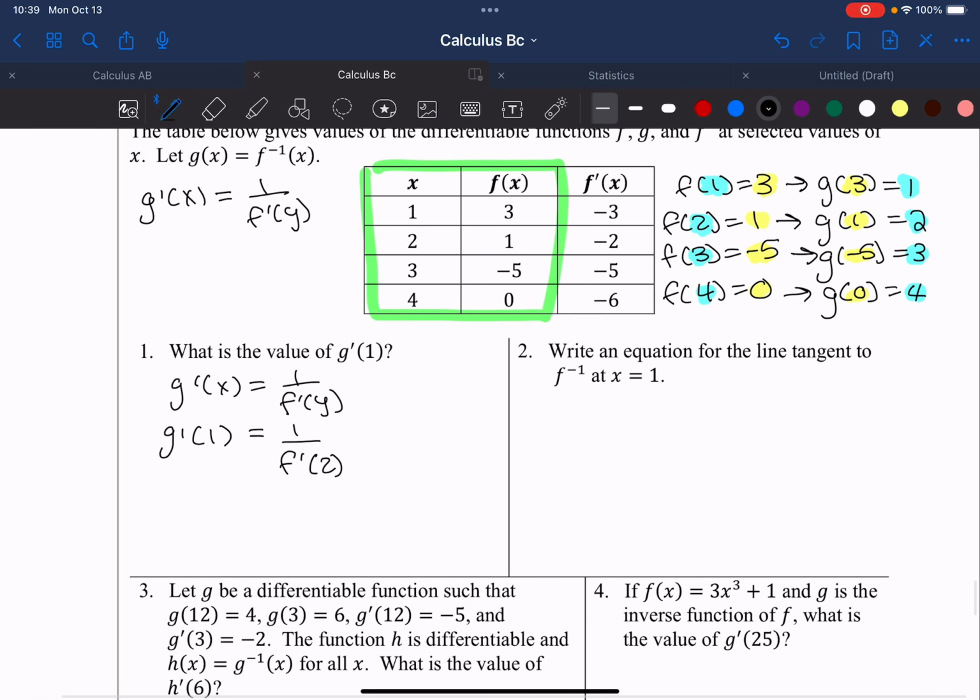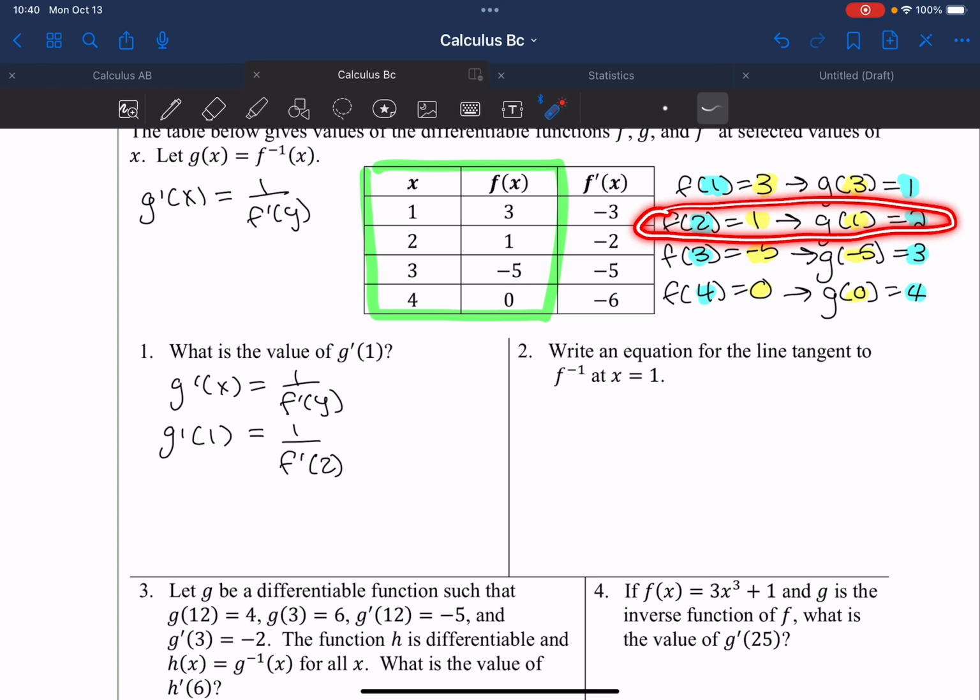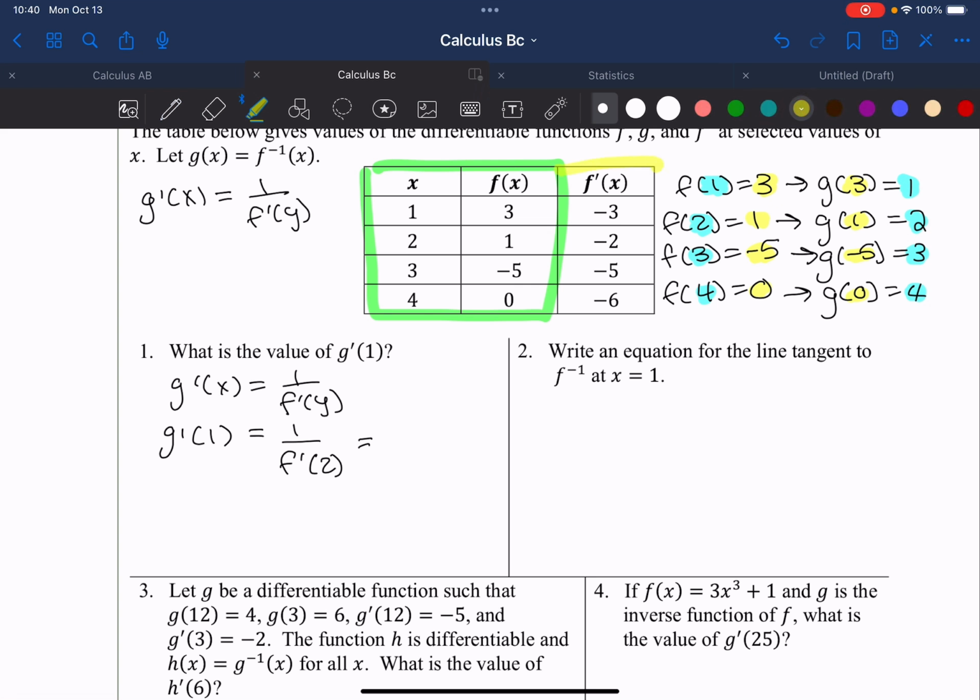Where we're looking is right here. If we plug in 1, we get 2. We know that f prime of 2, based off of the next part of the table over here, is negative 2, so this is equal to negative 1 over 2.